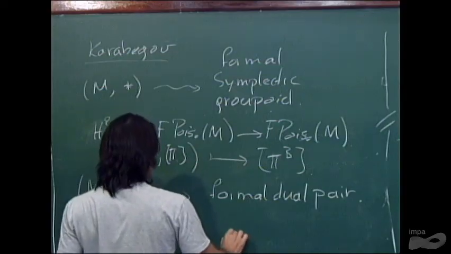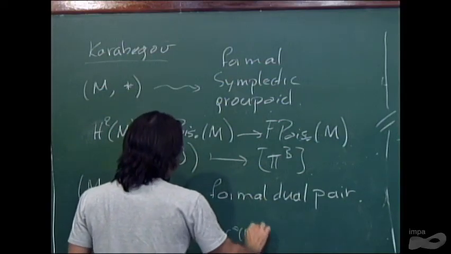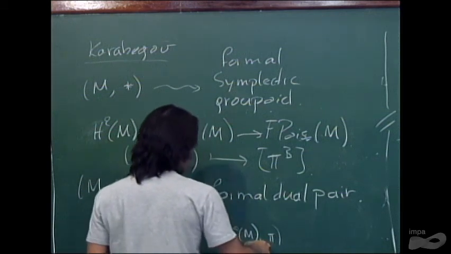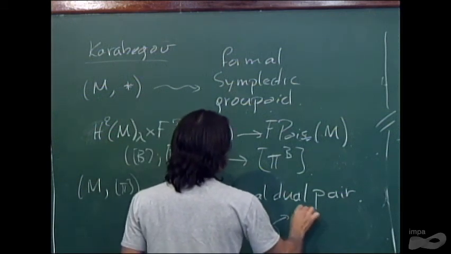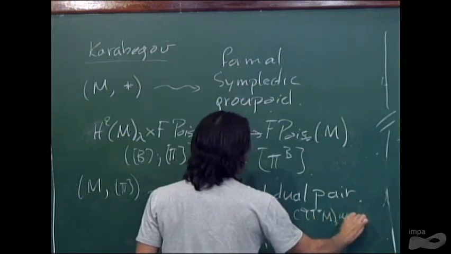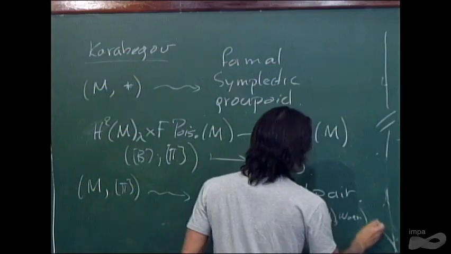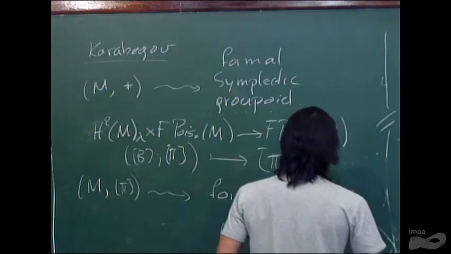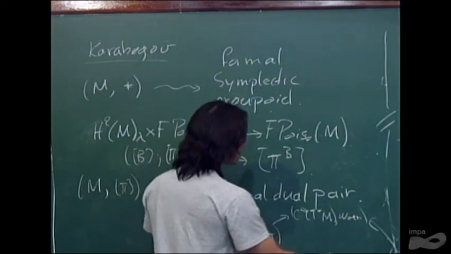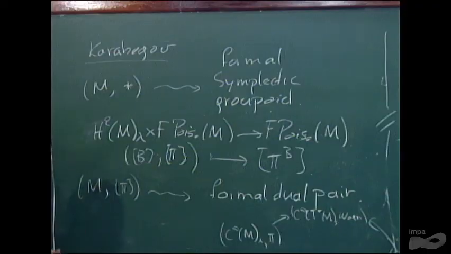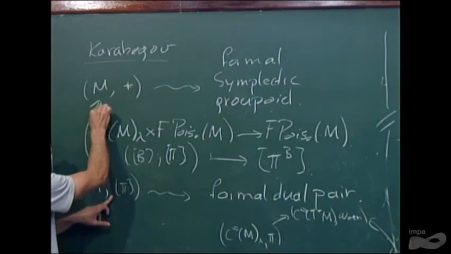So you get something like, here you get your formal Poisson structure. Here you take the cotangent space with the canonical symplectic structure. And here you take your Diff of M, like the self-equivalence of this formal Poisson structure. But then we have the Kontsevich map going from here to here.